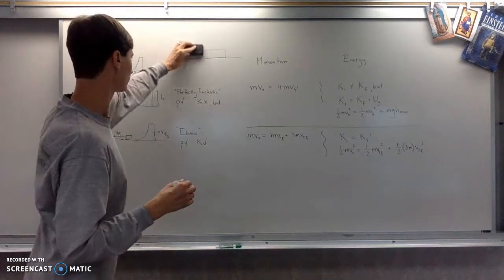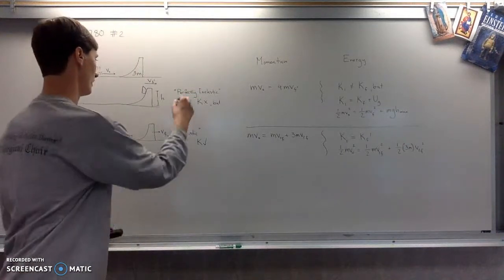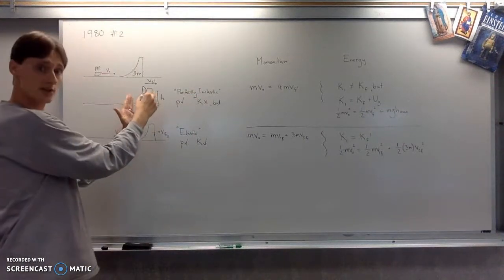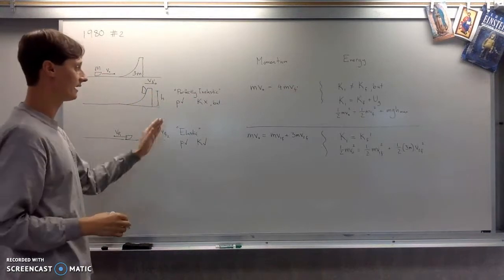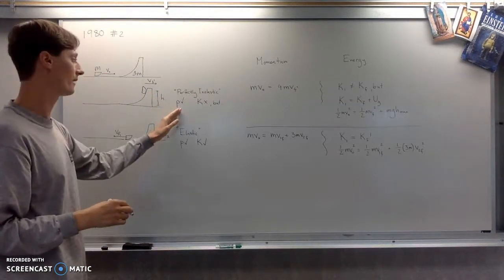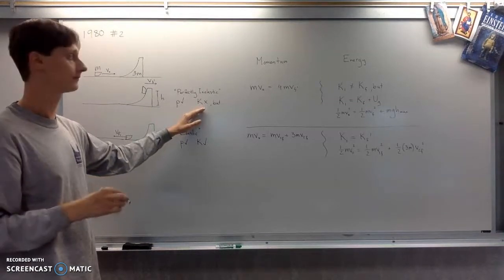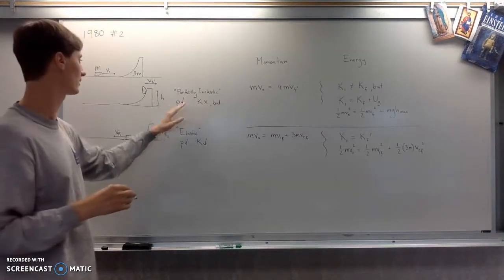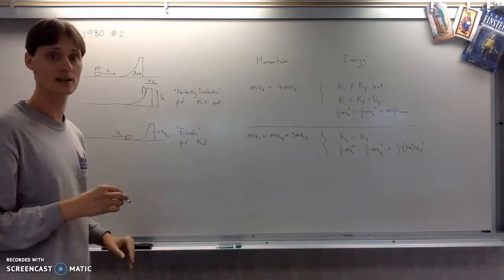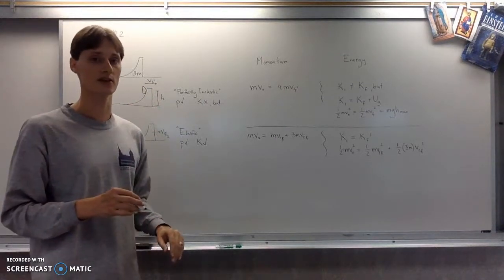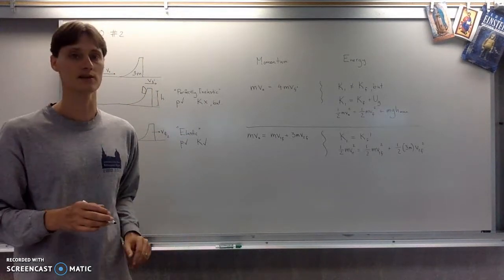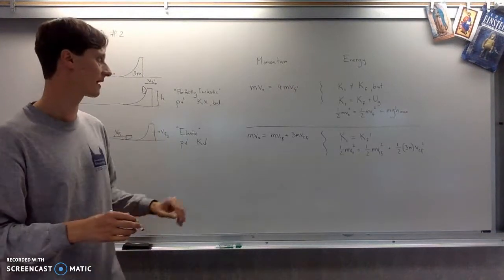All right, now in this one, at this first moment that they ask about, if it's perfectly inelastic, momentum is conserved, kinetic energy is not. So we're not going to be able to figure out the final speed of that system using energy. You will get it using momentum.